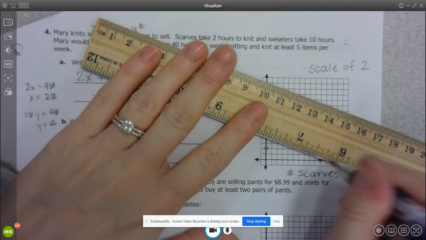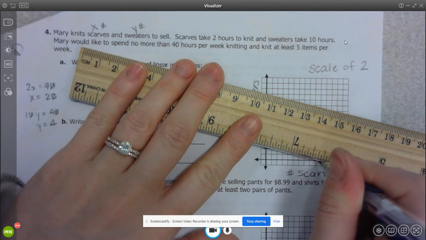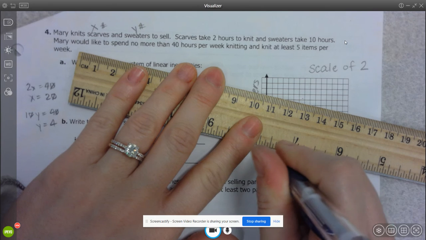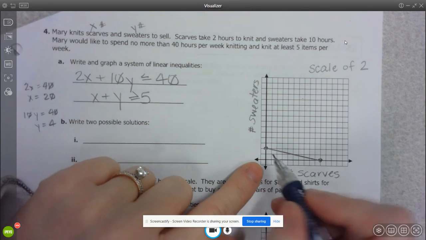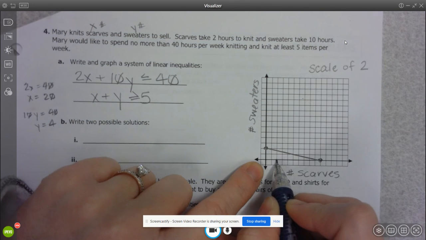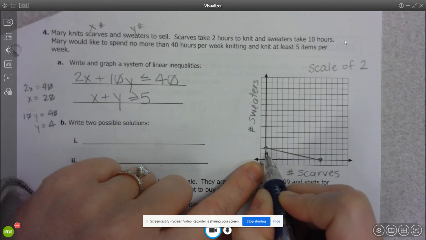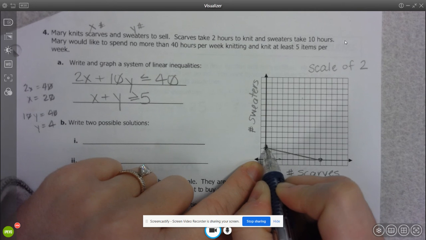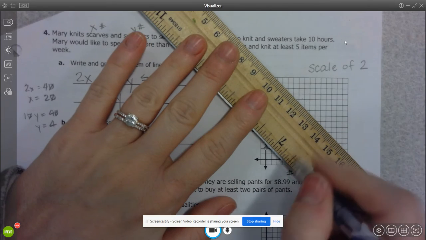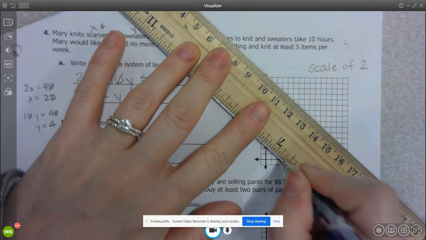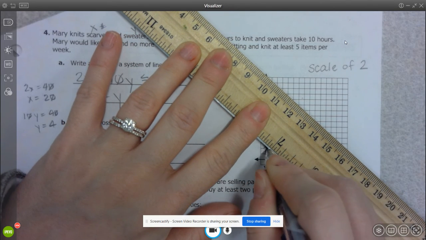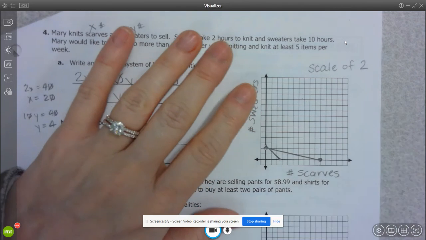So this is 1. And then 2, 4, 5, 2, 4, 5. All right, now we're getting to the point where we're going to cross over a little bit.